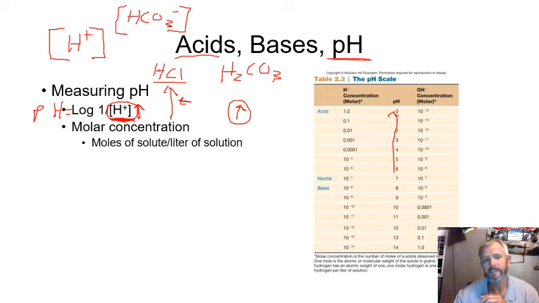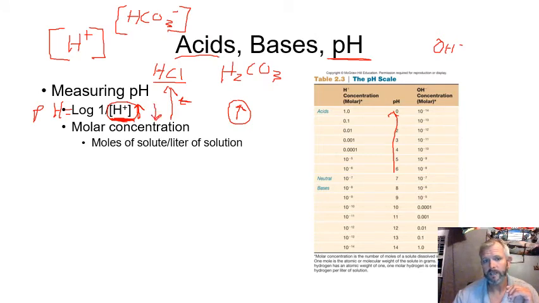On the opposite end is if I put hydroxide, a base. A base is going to combine with free protons in the solution, and it's going to decrease this number.